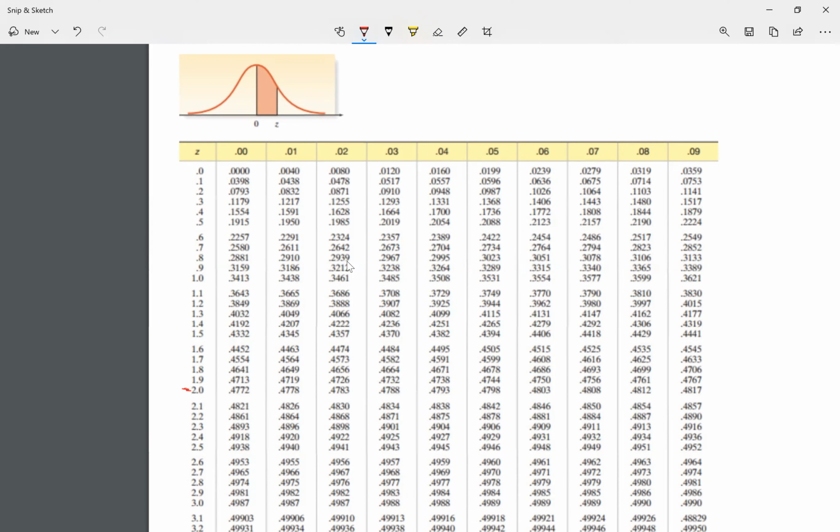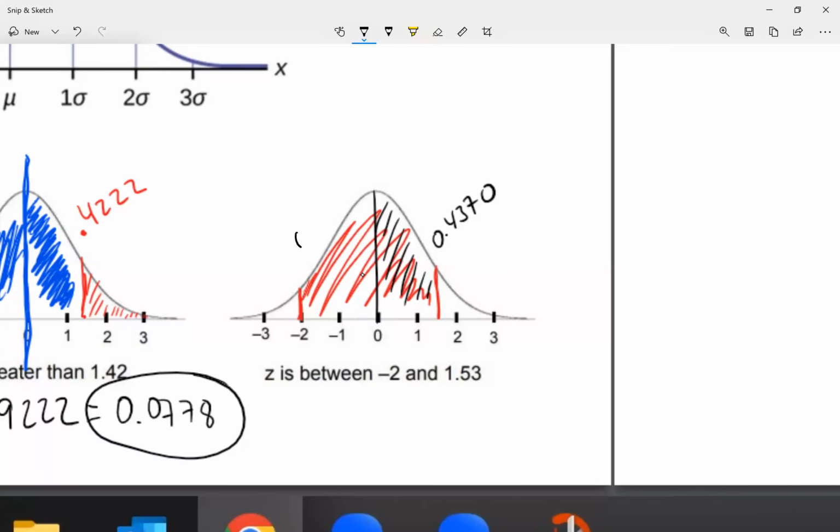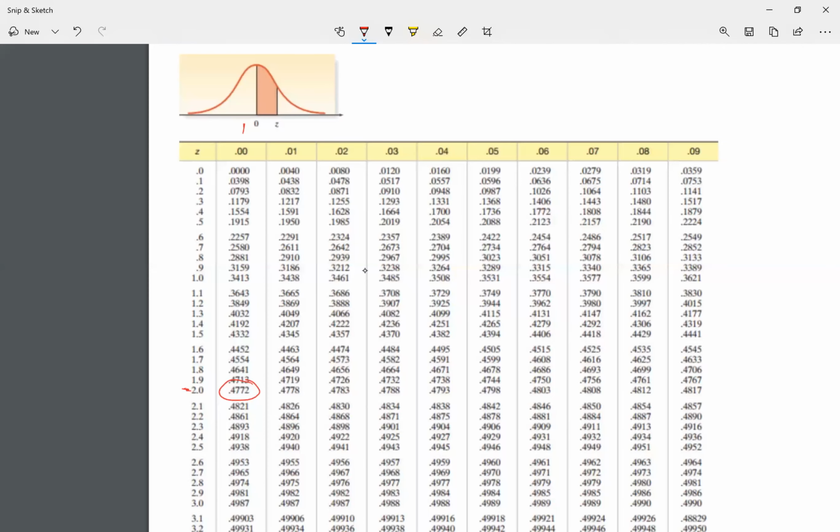So 2.00, that's 0.4772. Let me write that down here, 0.4772. Let me make sure we got it right. Yeah, 0.4772, okay.